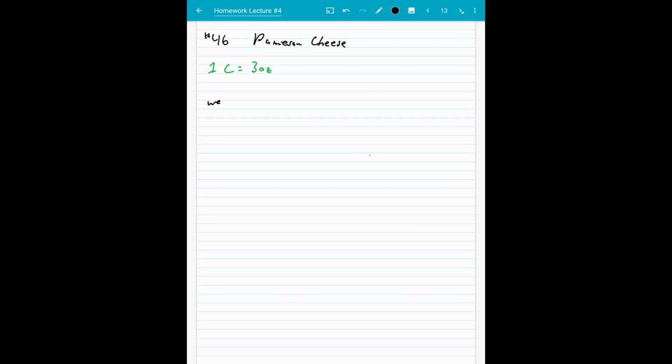So weight in pounds of 3.75 cups of cheese. It says grated fresh Parmesan cheese. So we need to make sure it's the same type, like it's grated.